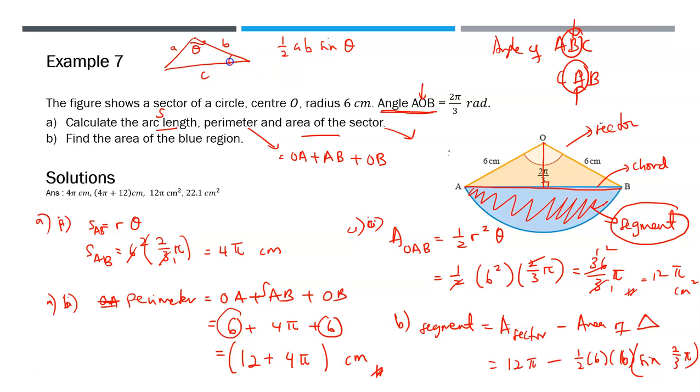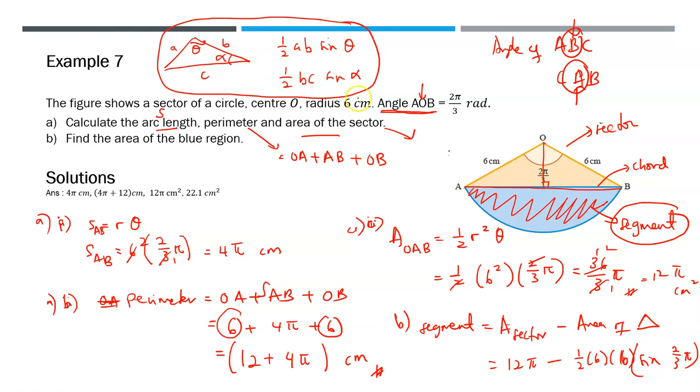Kalau angle itu di sini, katalah alpha, you can find the area of triangle 1/2 multiply with BC sine alpha. Okay, ini boleh tengok properties of triangle.